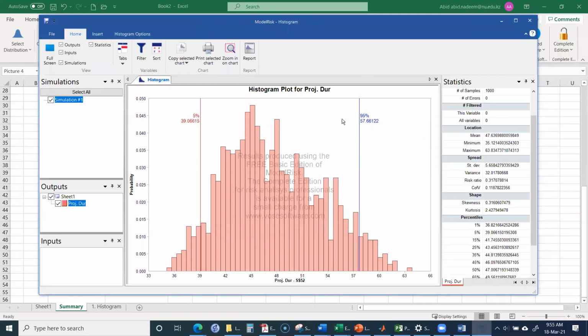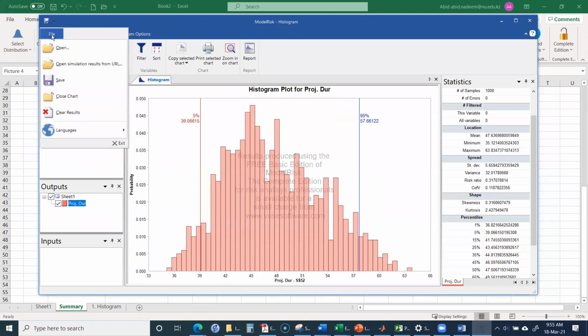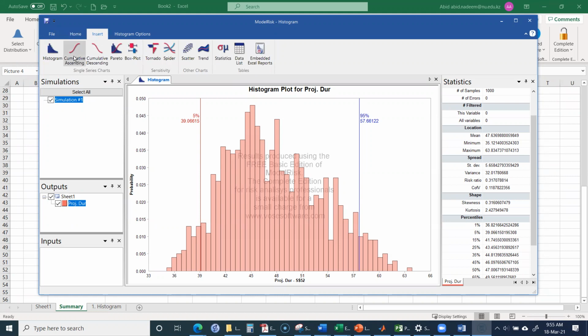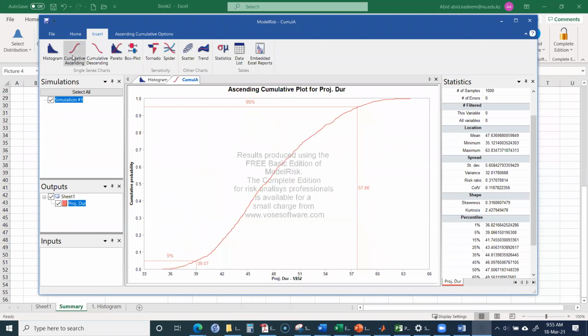Okay, another view which you see from here that may also be useful is, from here, file, and then insert. Okay, yeah, insert. This cumulative ascending view may also be very useful for you.